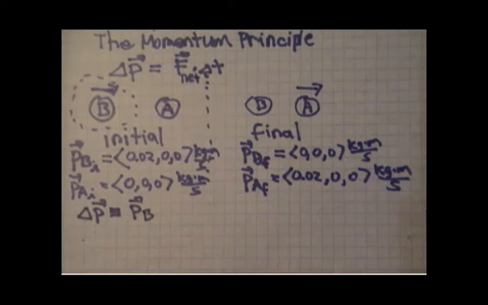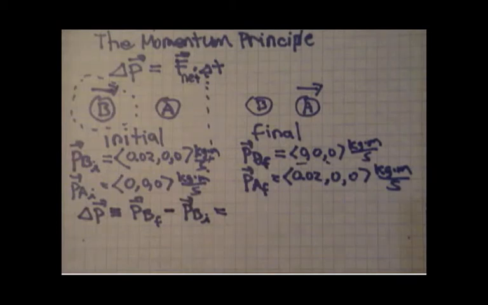So the delta P, the change in momentum for this system, is obtained by calculating the final momentum of ball B and subtracting from that the initial momentum of ball B. So in this case, the final momentum of ball B, remember, is all 0.